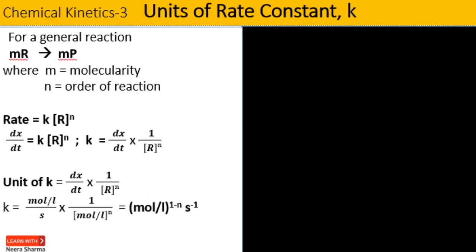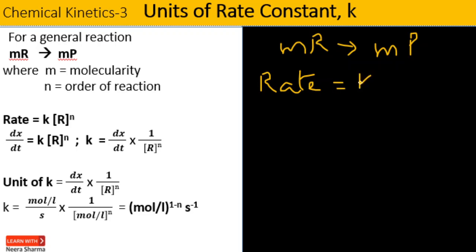Now if we have a general reaction, let's say m moles of the reactant are giving m moles of the product P, then we write rate as K into concentration of the reactant to the power n.